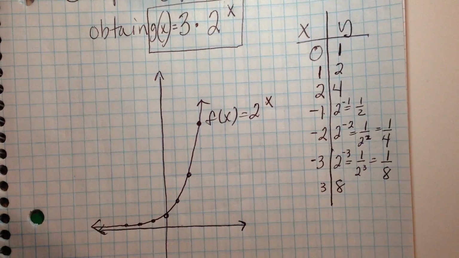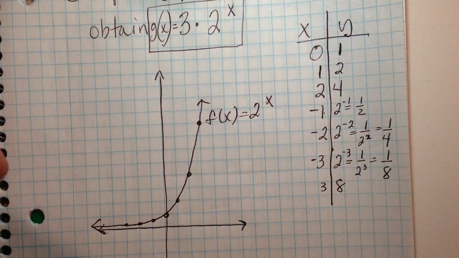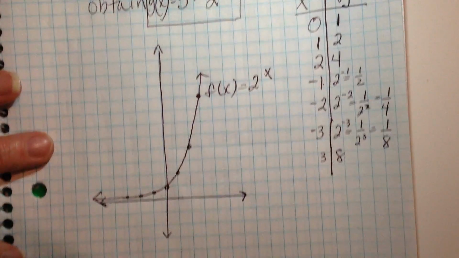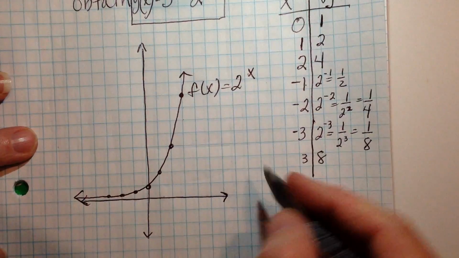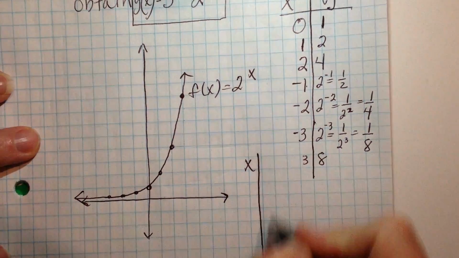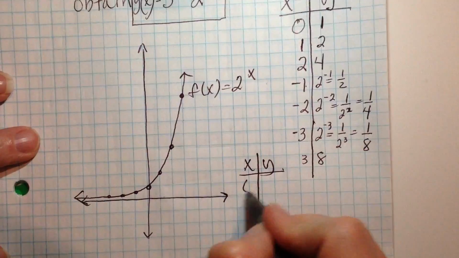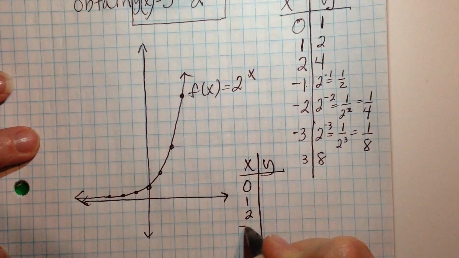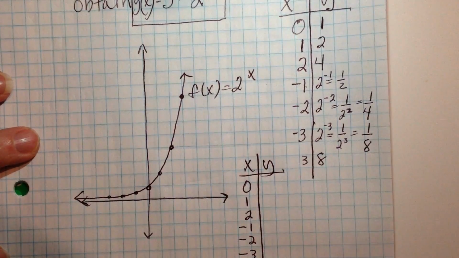Now let's talk about how we get the ordered pairs of a stretch and a shrink. Let's use these same ordered pairs. I'm going to use the same x's, 0, 1, 2, negative 1, negative 2, negative 3.